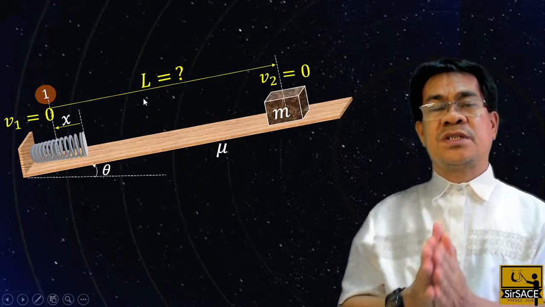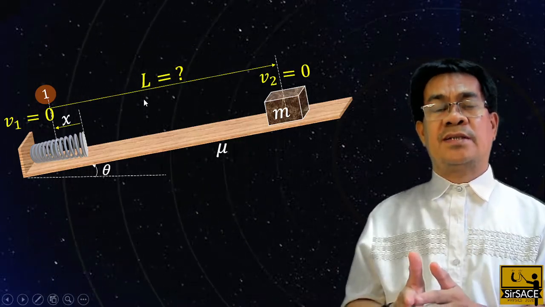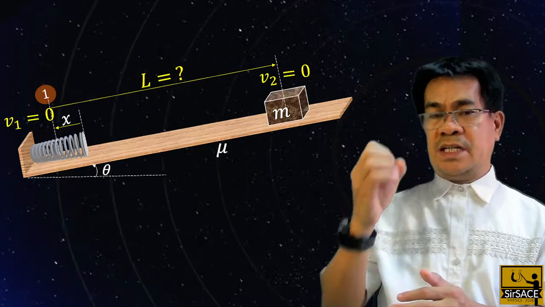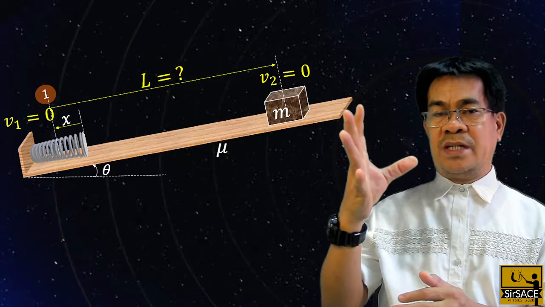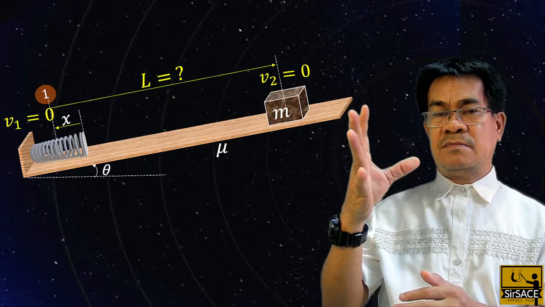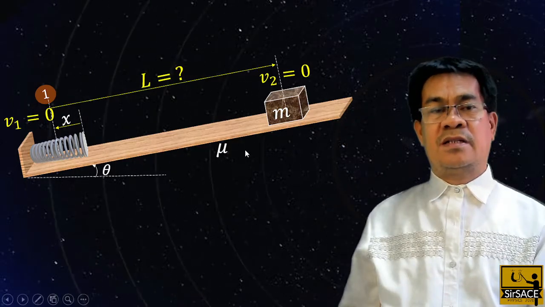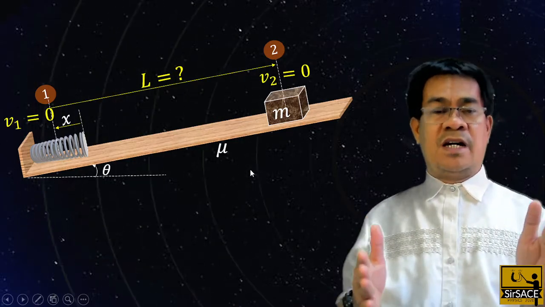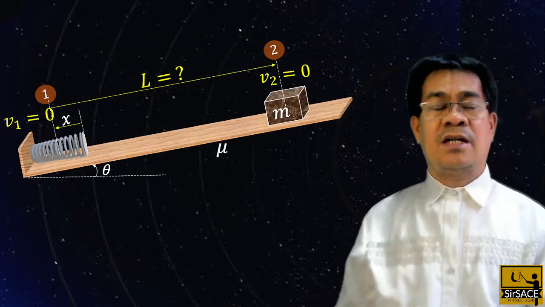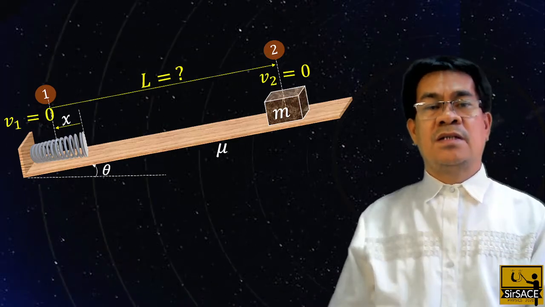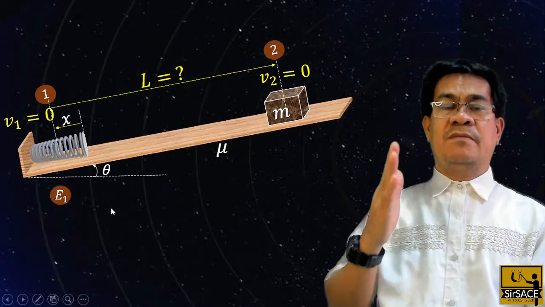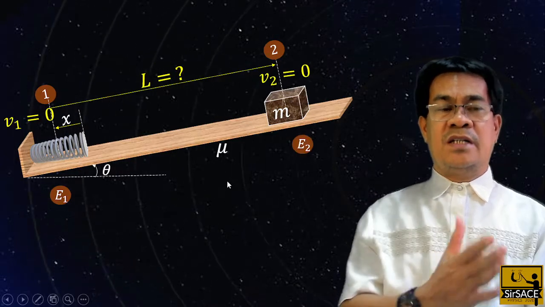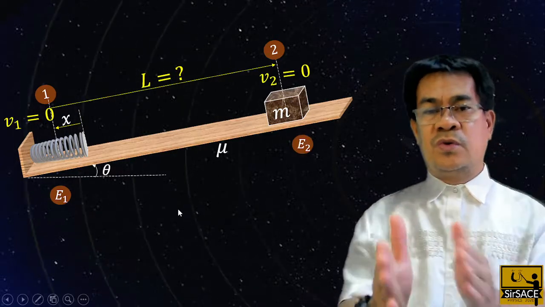So we will consider our point 1 as where we release the particle initially at rest. Then we release it, and it moves up, and it arrives at the maximum highest point of the incline, which has a length of L. Okay? So therefore, we have the total energy E1 and the total energy E2 of the 2 points.